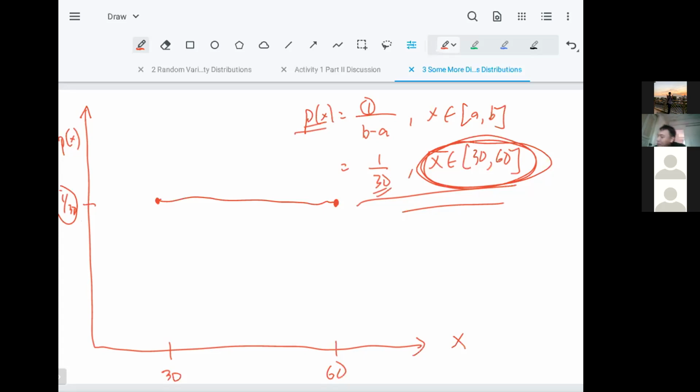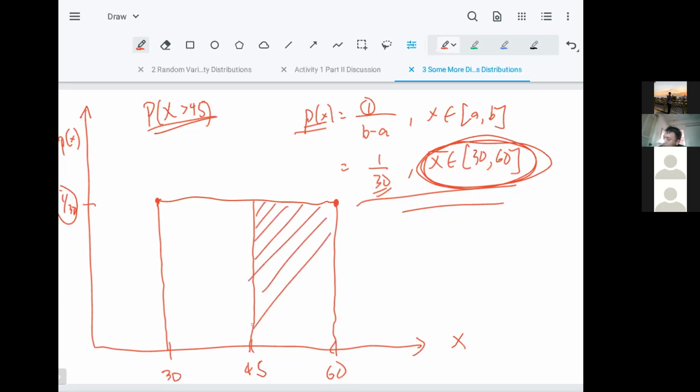So, how do we answer that problem? May graph ka? Ano tong ano? Ano yan? Paano ko sasagutin yan? 'Di ba? So, what happens is, we plot 45 right here. And actually, we can enclose this. And what do we have? A rectangle, right? It's a rectangle. This particular problem, probability that x is greater than 45, you can actually translate it as what's the area under the curve from 45 and above.